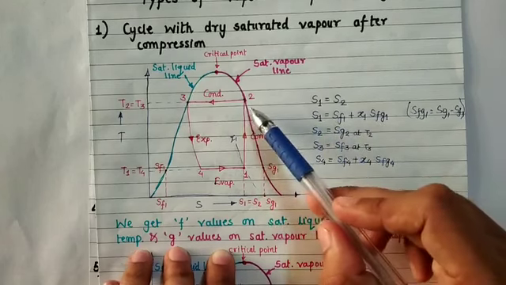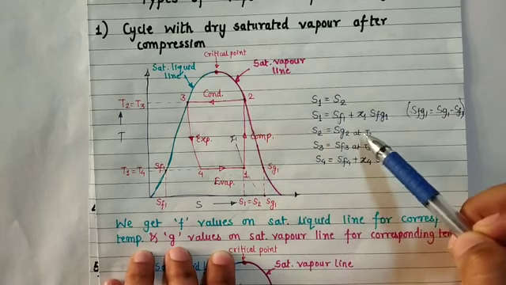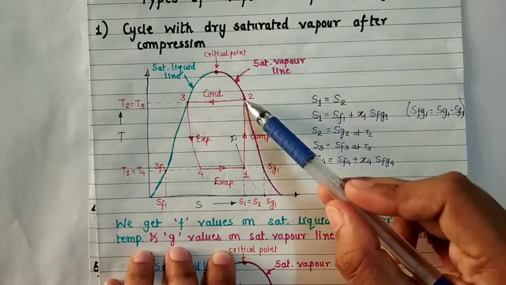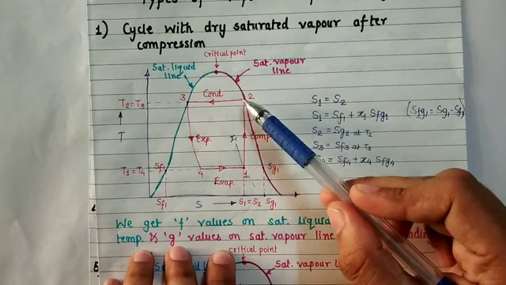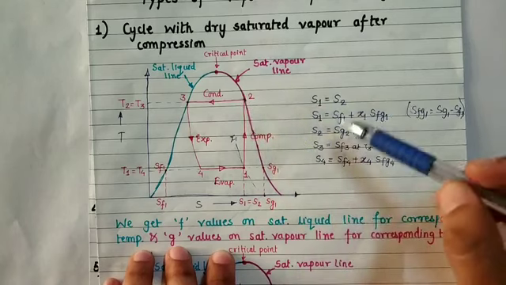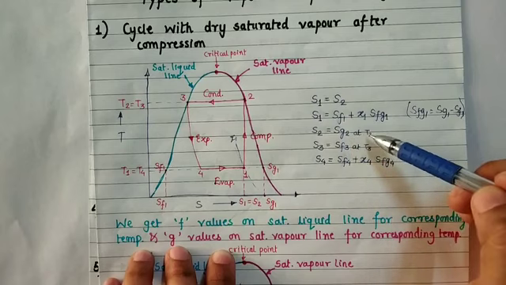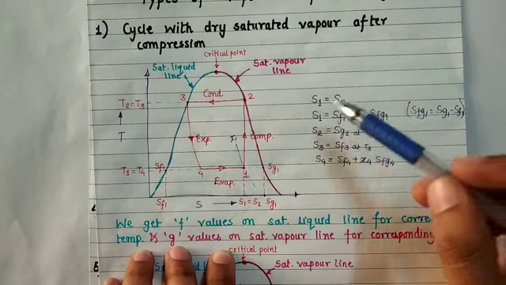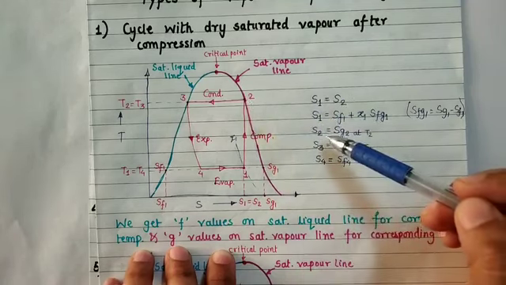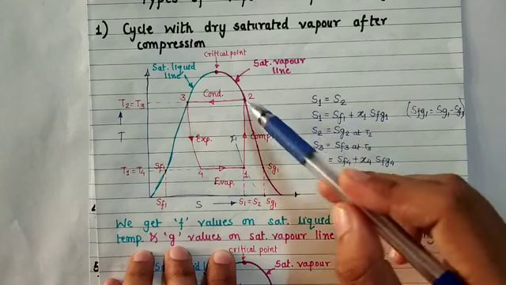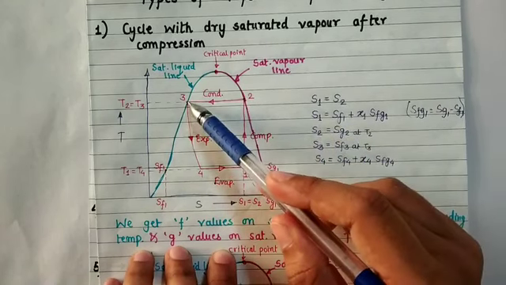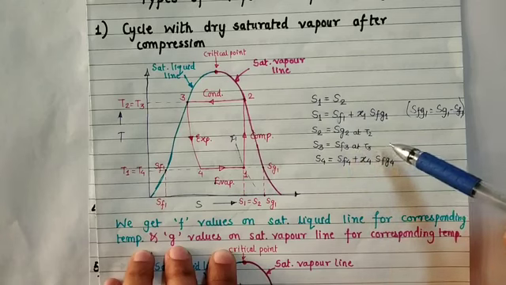Coming on to S2. S2 is equal to SG2. SG2 is nothing but the dry saturated value of the entropy. So S2 is equal to SG2 at temperature T2. So we will be getting direct value of S2 as SG2. In similar way, we will be getting direct value of S3 as SF3 at T3.